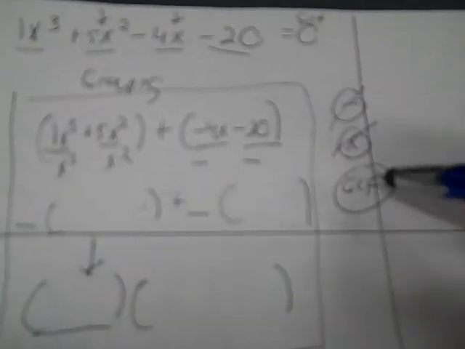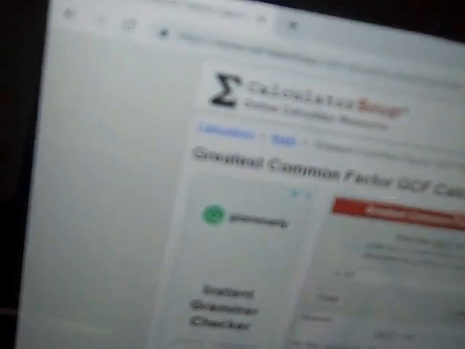Well, they both have x's here, so I go x to the second, because that's your smaller power, and then no x's can be put here because that 20 doesn't have an x. Then I GCF. 1 and 5 is 1. Then 4 and 20, the highest number we can divide 4 and 20 by evenly, that's what a GCF is, 4.